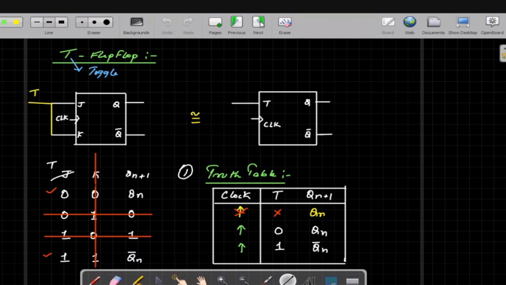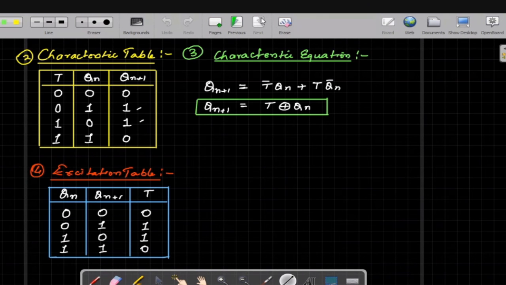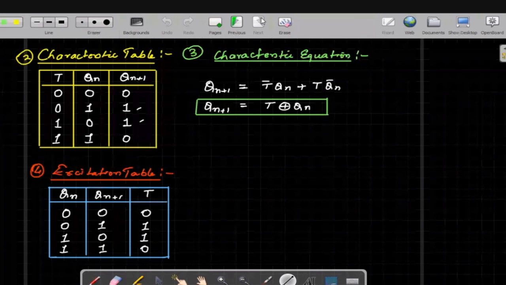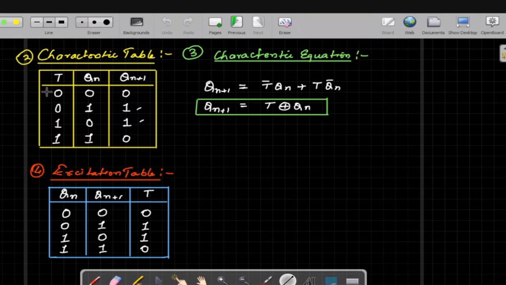And then we see the characteristic table. This characteristic table is actually a detailed description, you can say, or the overall functioning of your flip-flop. In it we are considering the T input along with the previous output, and we are interested to know the present state of that flip-flop. With this table, this information can be easily understood.